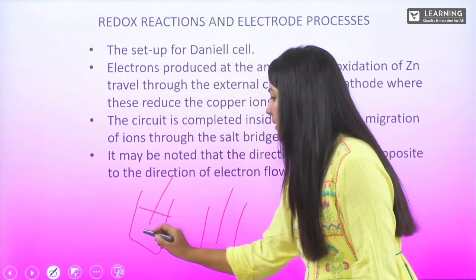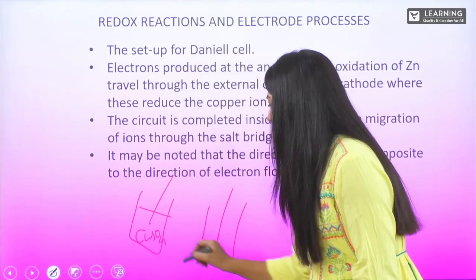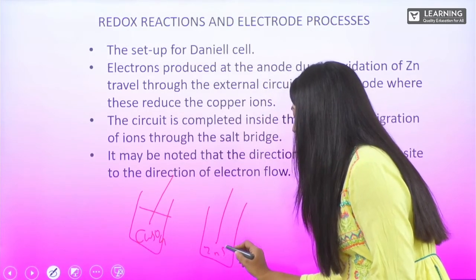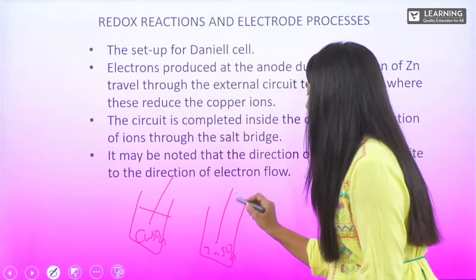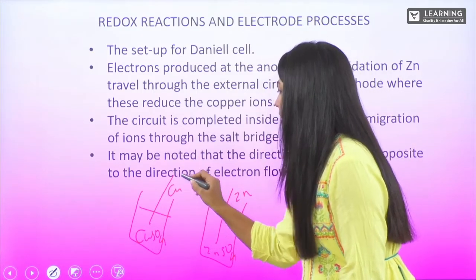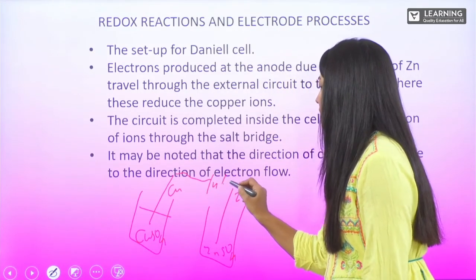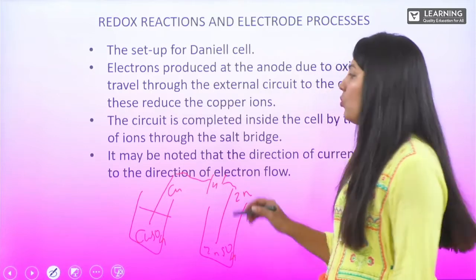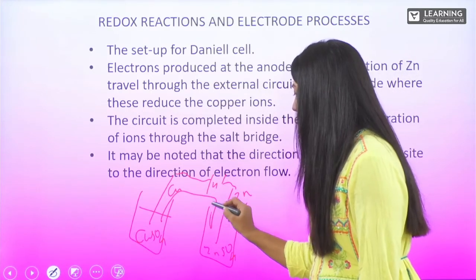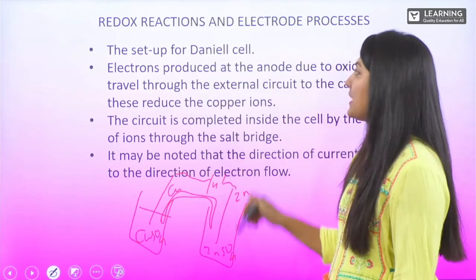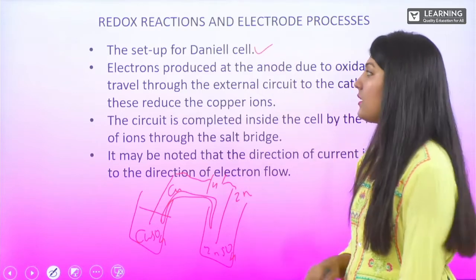So this setup, if you take here copper sulfate CuSO4, here zinc sulfate ZnSO4, and this is the zinc rod, this is the copper rod, and if you connect it with a wire, and we also have a salt bridge here, then this setup is called a Daniell cell.